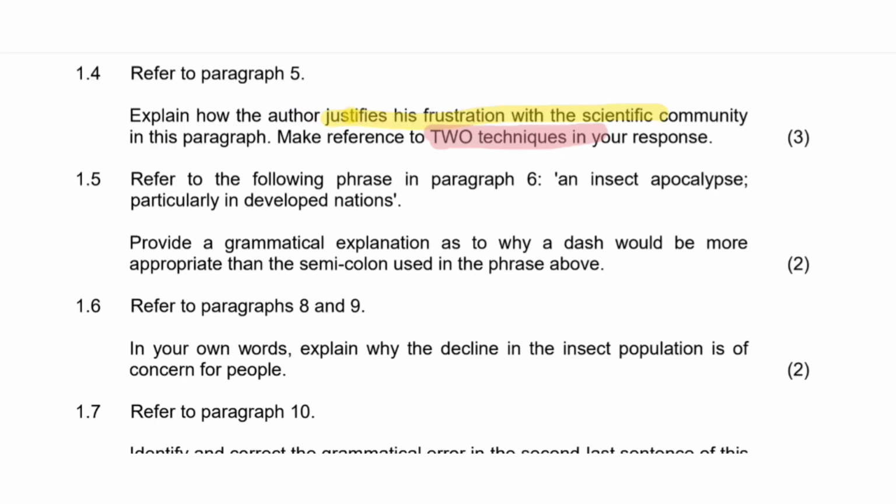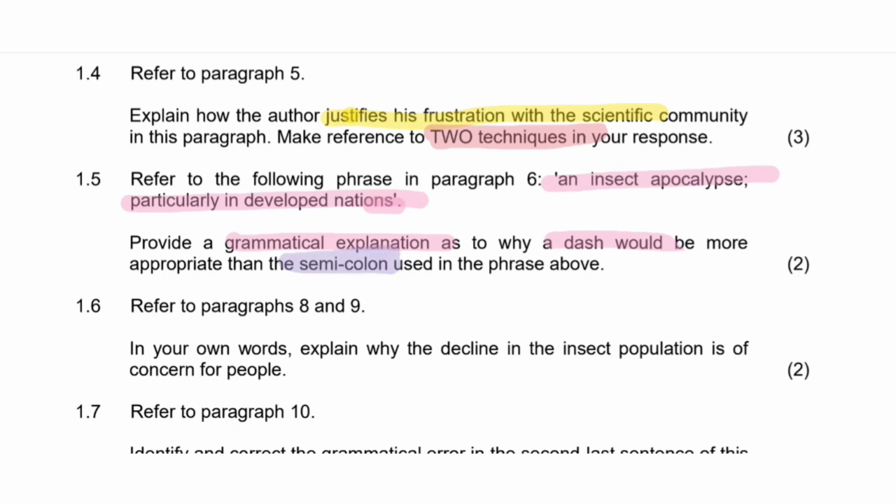The next question, we are required to look at the phrase, an insect apocalypse, semicolon, particularly in developed nations. The question is asking us to provide a grammatical explanation as to why a dash would be more appropriate than the semicolon used.